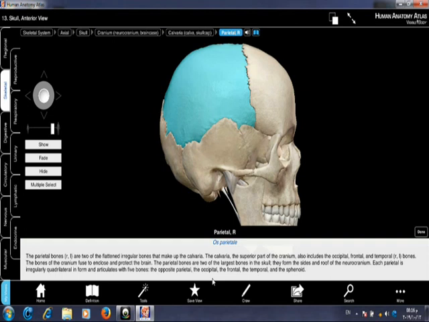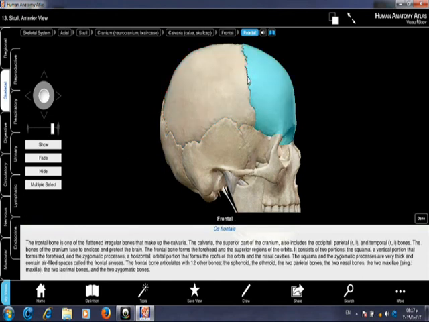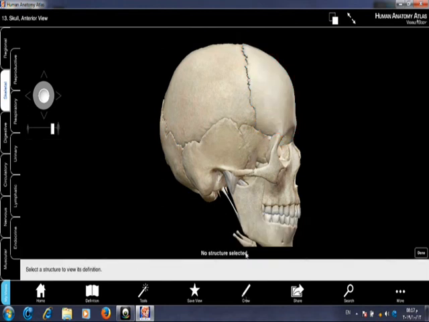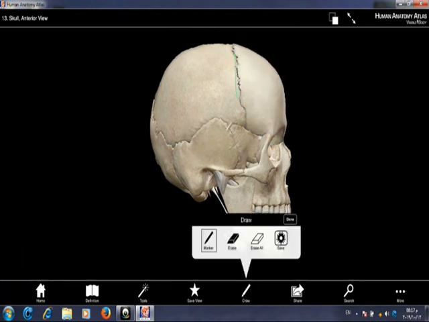Each parietal is irregularly quadrilateral in form and articulates with 5 bones: the opposite parietal, the occipital, the frontal, the temporal, and the sphenoid. So this is the structure of the bone. This, and this.